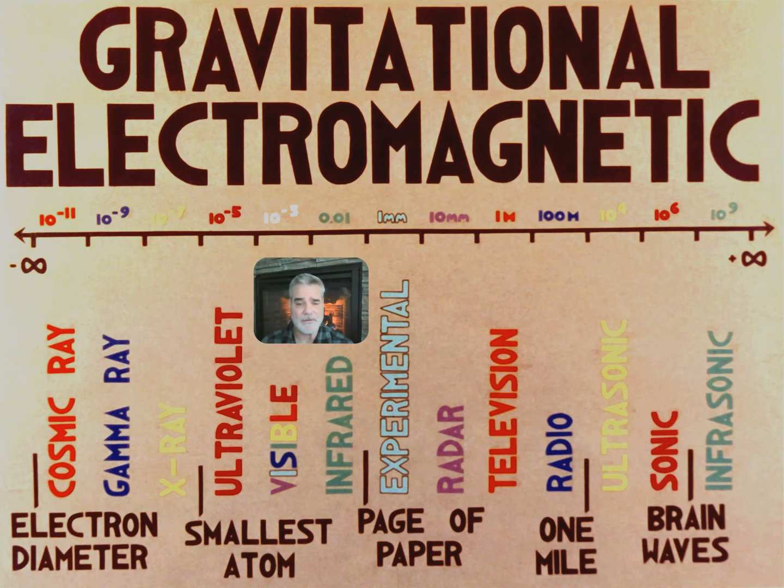Here we see the visible, infrared, and ultraviolet. We're more familiar with these. The ultraviolet, we see when we use a black light, or see the dirt on the walls, or when a dentist puts it on a filling to cure it and set it. And visible, of course.